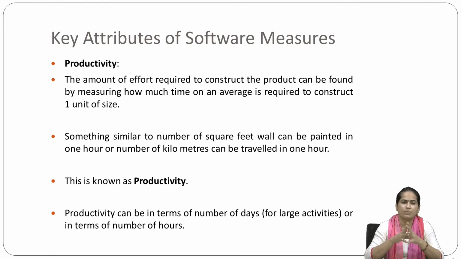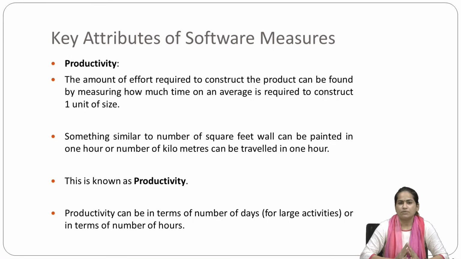That is called productivity. It is similar to square feet: when we have a wall and we consider its square feet and want to paint it, then from how many square feet we can paint in 1 hour, we can find the overall time for painting the whole wall. The same thing we have in software. Getting it? This process is known as productivity.